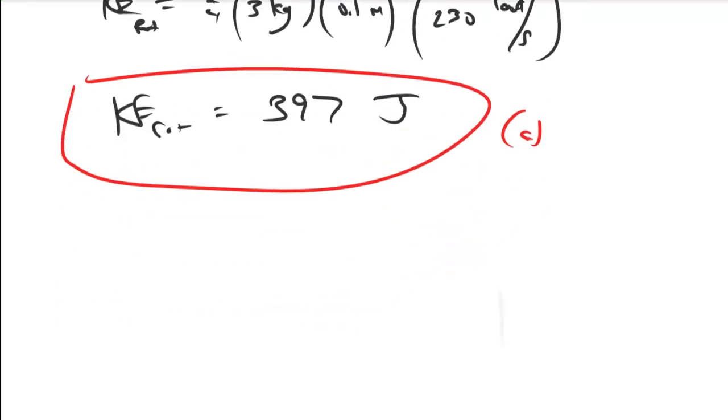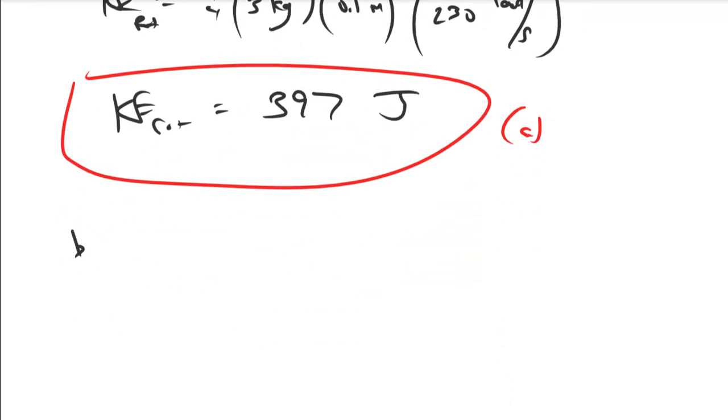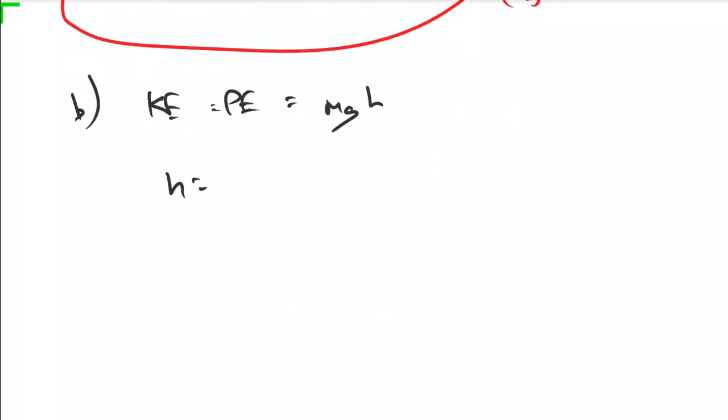And then part B is sort of just a review of potential energy. They want it so that our kinetic energy is equal to the gravitational potential energy, which is equal to mgh. So we just say that the height this would have to drop from is the kinetic energy divided by mg.